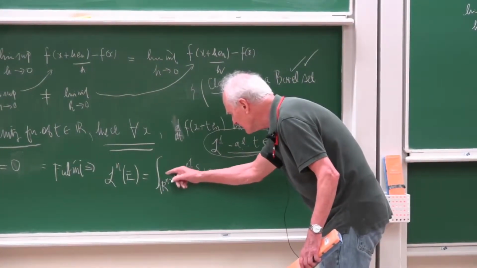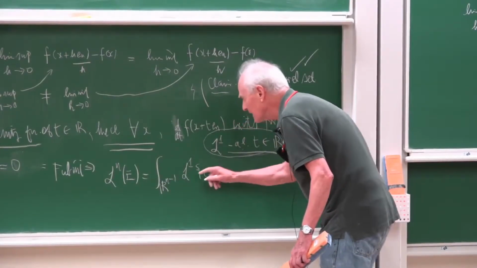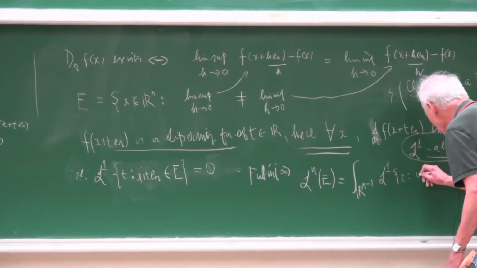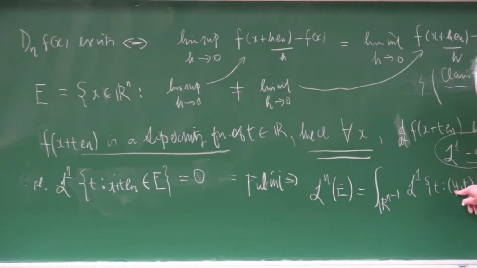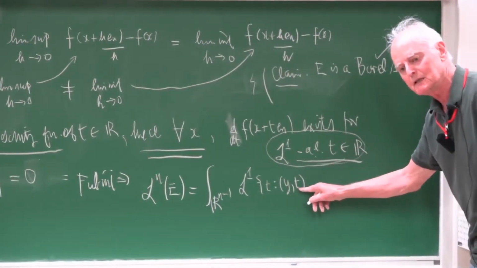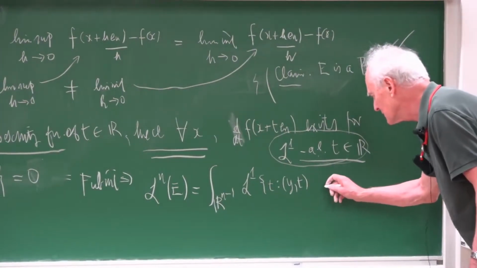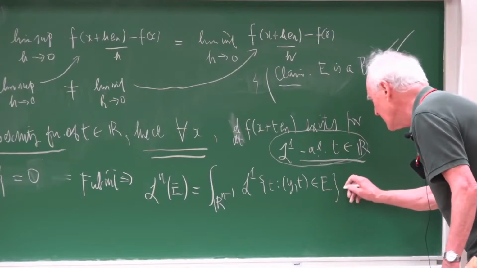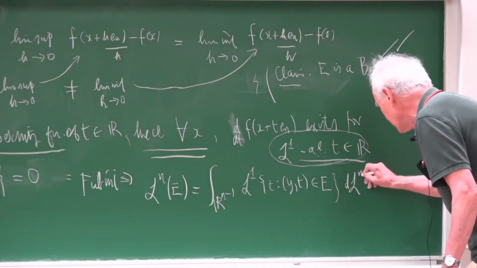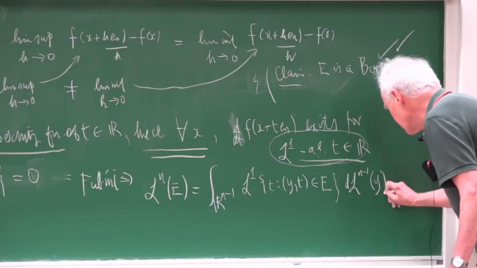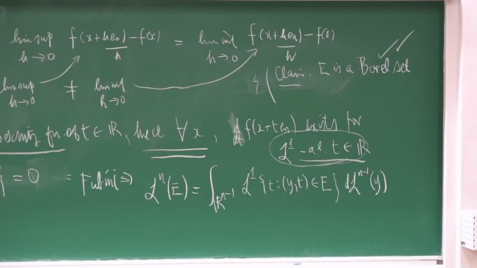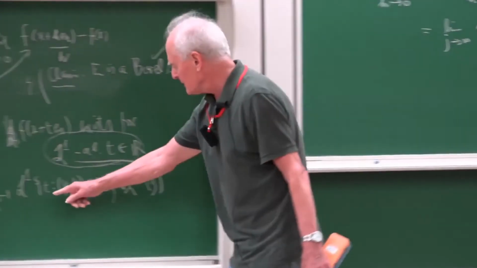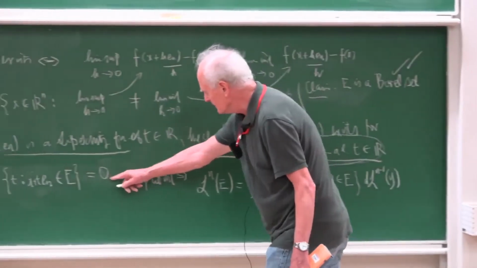Since we're talking about variables in Rn minus 1, let's rewrite this as (y, t), where y is the first n minus 1 variables and t is the last variable. So this is the set of t such that (y, t) is in the set E, and then you integrate with respect to the n minus 1 dimensional measure over the variable y in Rn minus 1. That's what Fubini's theorem says. But then that's 0 because all of these terms are 0, as we said here.